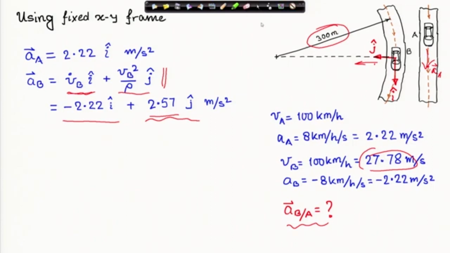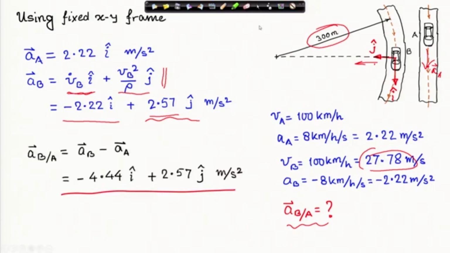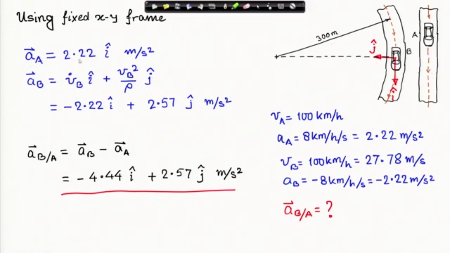Okay. Then acceleration of B relative to A, this is the expression we have seen just now. Acceleration of B relative to A is acceleration of B minus acceleration of A. This follows from the relation we just now derived, and if you just plug in these expressions and simplify, this is what you will get, minus 4.44 i cap plus 2.57 j cap meters per second square.